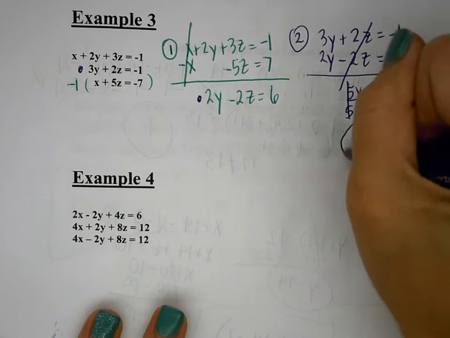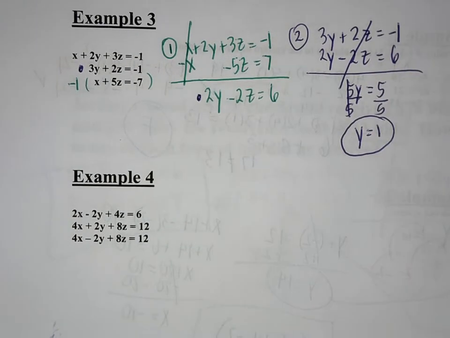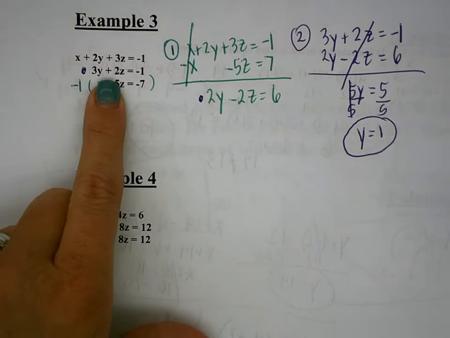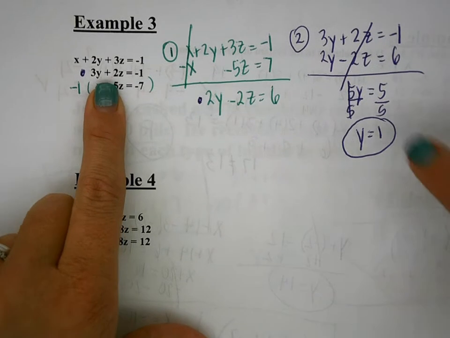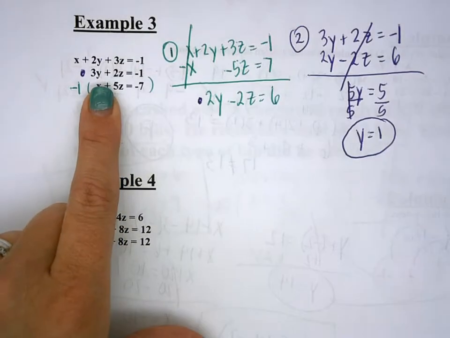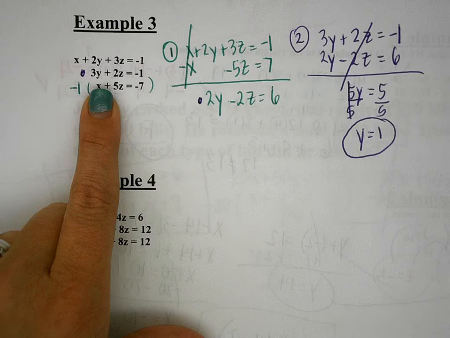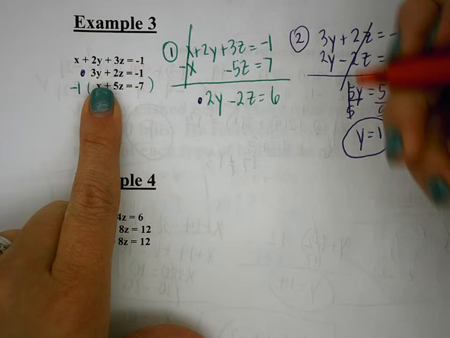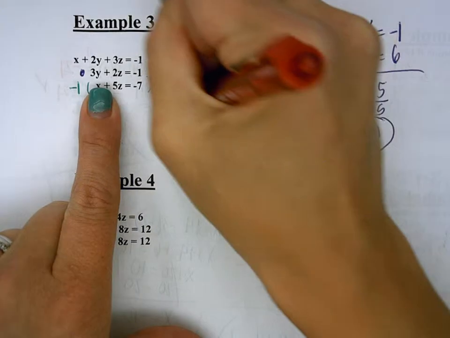Okay, once you have one answer, most of the time, all you have to do now is start plugging this back in. So what would be the best equation to plug this y equals 1 back into? Good, if you go over here, probably the second one, because when I plug y in, then I can just solve for z, right?